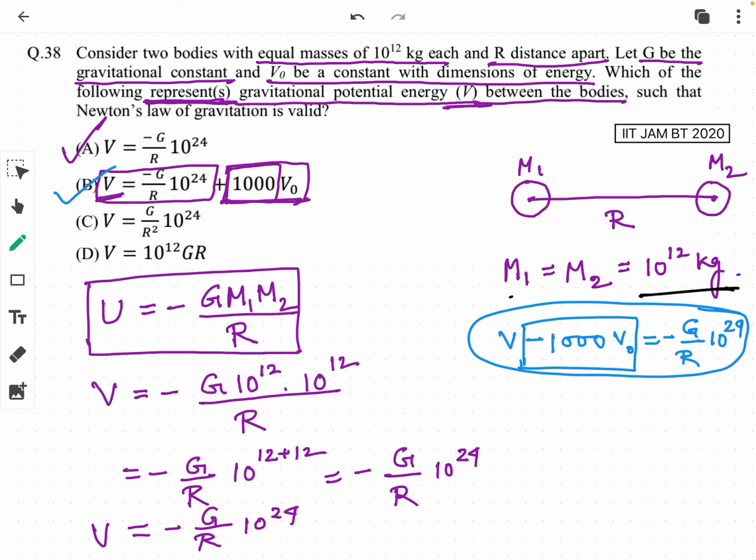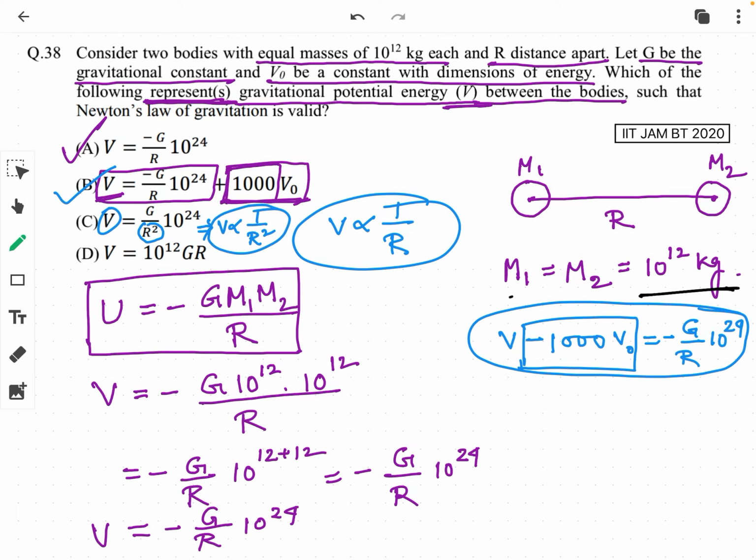And gravitational potential energy V varies with 1 by R. V is proportional to 1 by R, but here V is given as G by R square into 10 to the power 24. That means here we get V proportional to 1 by R square, which is not possible, it is not true. Potential energy is not proportional to 1 by R square, it is proportional to 1 by R. That means option C is not correct.